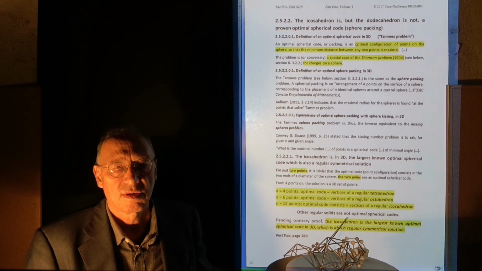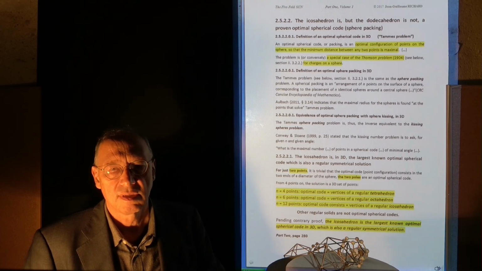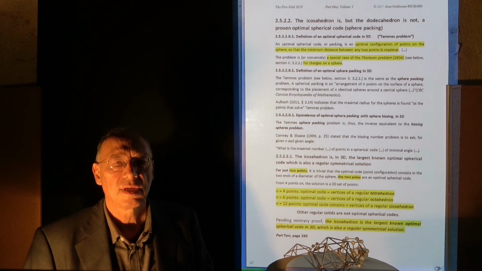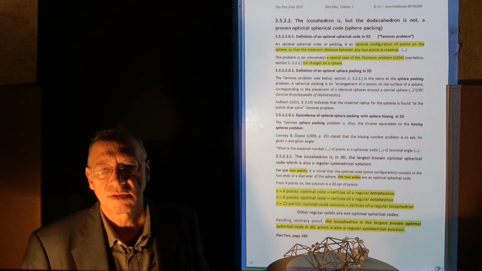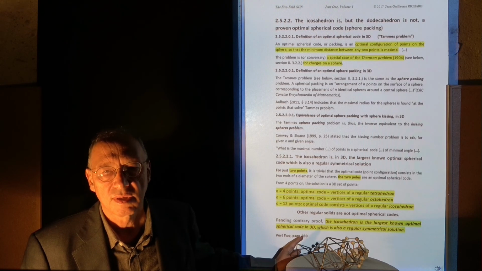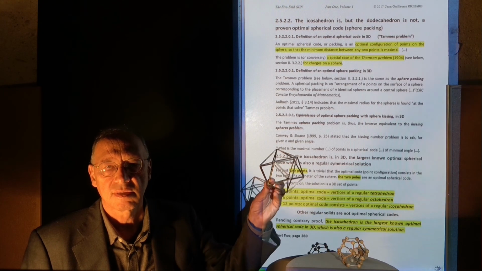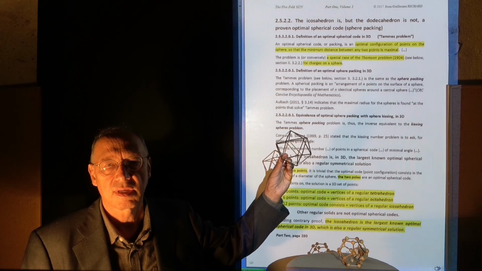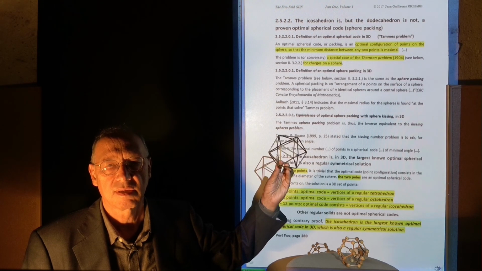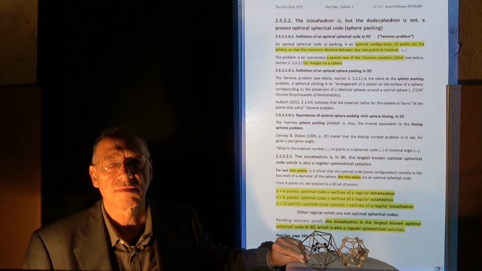The other regular solids are not optimal spherical codes, especially the dodecahedron. So the icosahedron, in fact, is the largest known optimal spherical code in 3D, which also is a regular symmetrical solution. So this special fivefold solid, the icosahedron, will be the model against which we will test the idea of fivefold symmetry in actual phenomenology of the Sun.